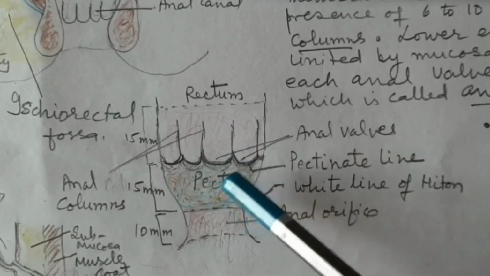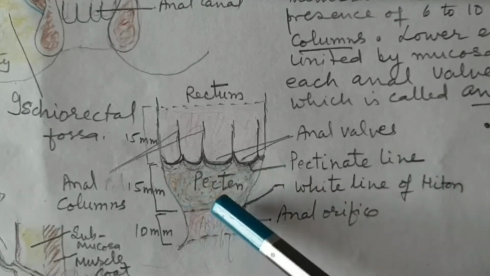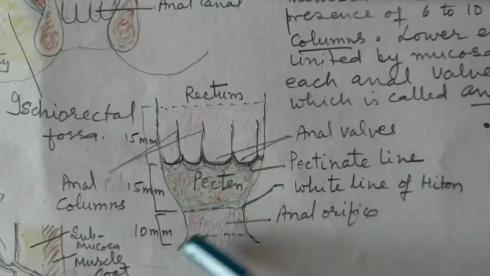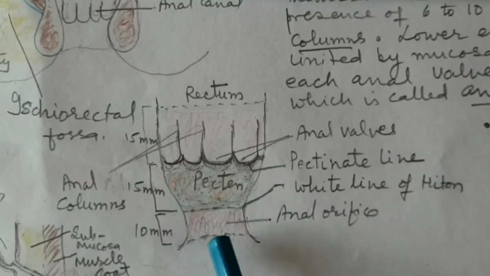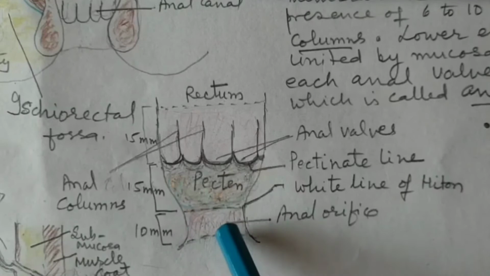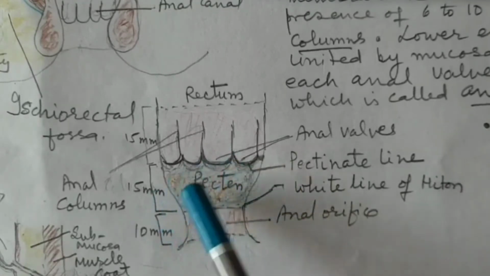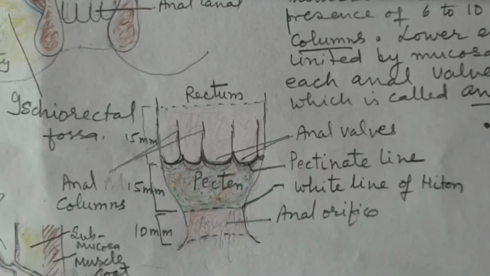Here it becomes stratified squamous non-keratinized, and as we will see in the lowest zone of the lower part, adjacent to the anal orifice, it is lined by true skin. That means it becomes keratinized, and that is why it is called transitional, because it is changing from columnar to stratified squamous non-keratinized, first non-keratinized, then keratinized.